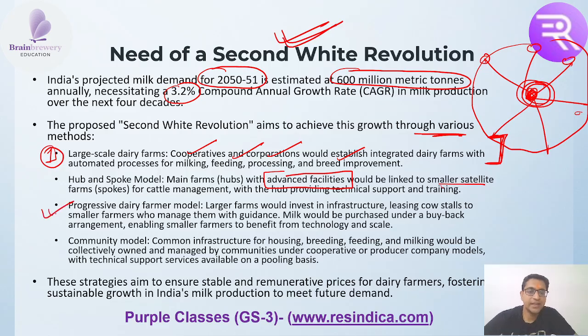Then the progressive dairy farmer model. Right now a person who has a lot of cows is only dealing with their own cows, but now they are focusing on leasing cow stalls.